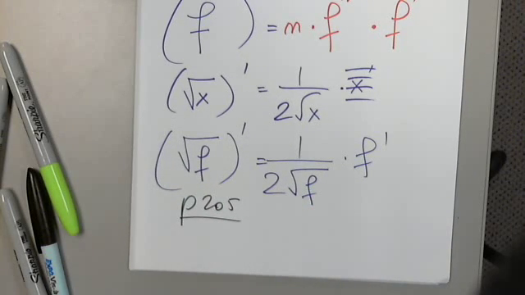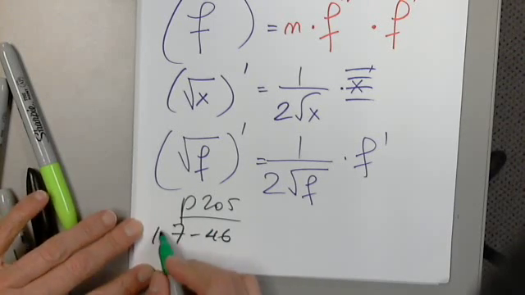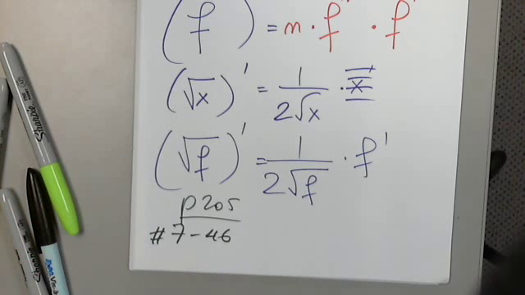So you may encounter log and exponential, especially log and exponential to another power. I will do that when we talk about log and exponential again. So anything you would like from 7 through 46. Any problem from 7 through 46? See what catches your eye.